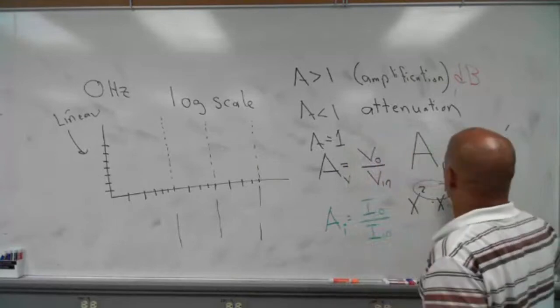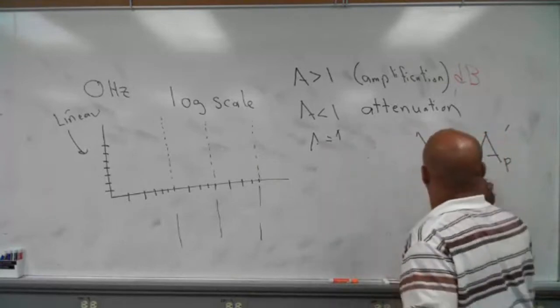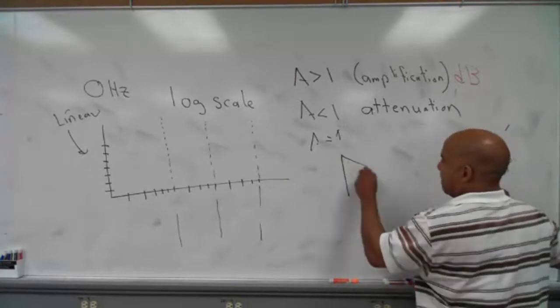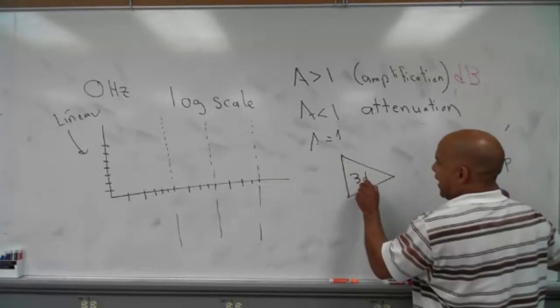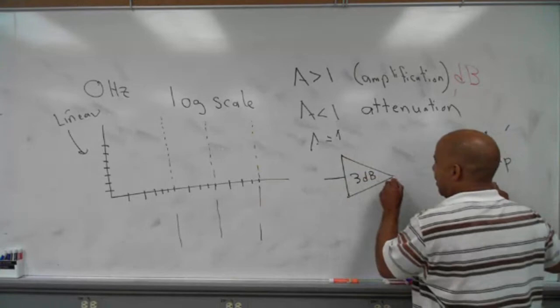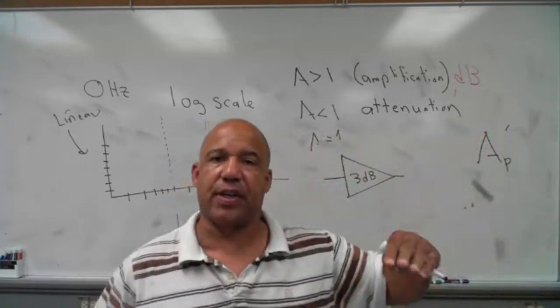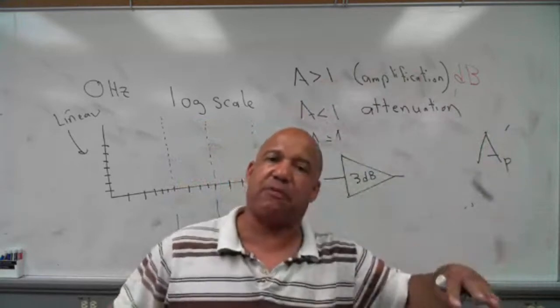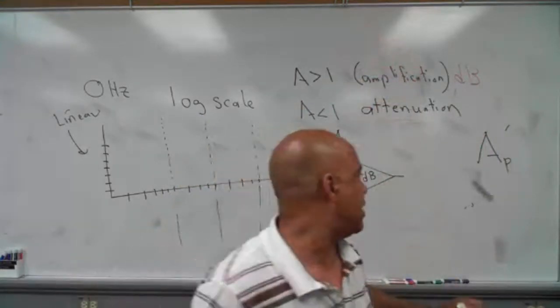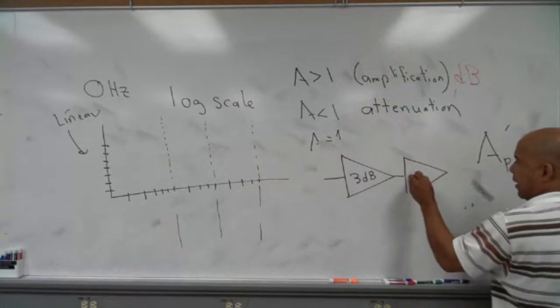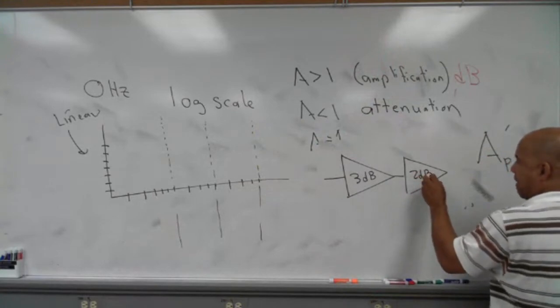Let's say I had an amplifier that had 3 dB gain. What I can do with amplifiers, you'll learn when you take this, is hook amplifiers to other amplifiers to get more amplification. So maybe I hook this to another amplifier, and it's 2 dB.